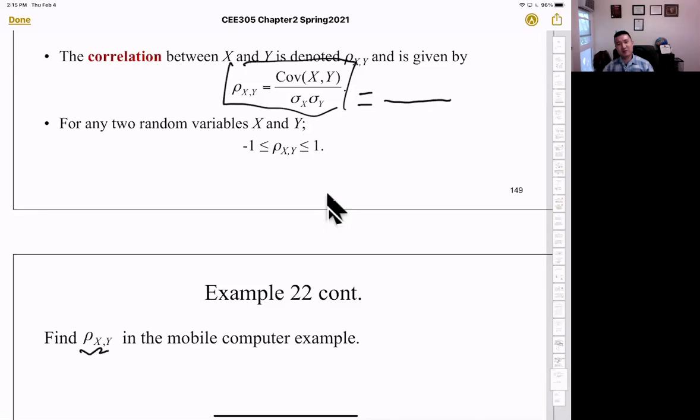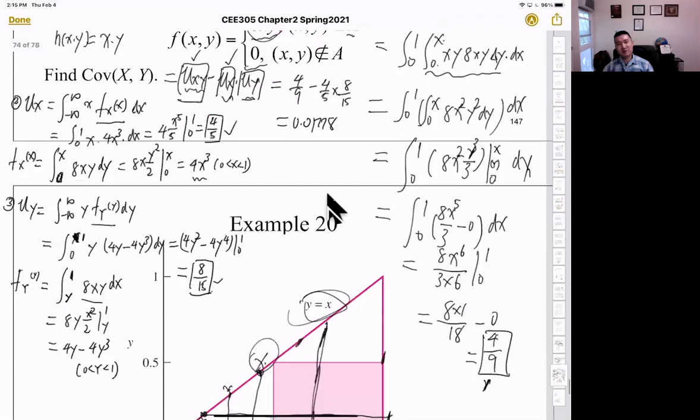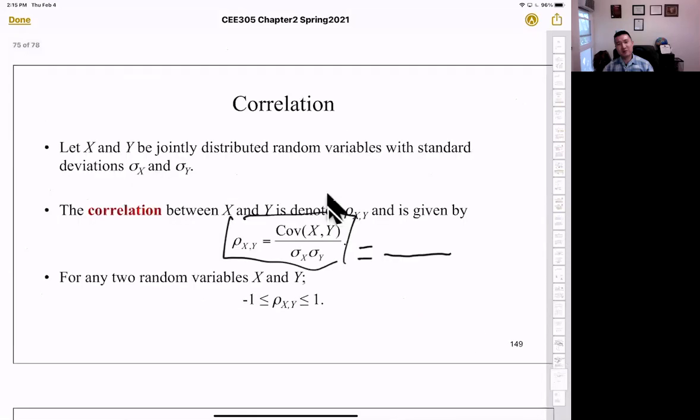The covariance here is 0.01778. Then we're going to find sigma x and sigma y.